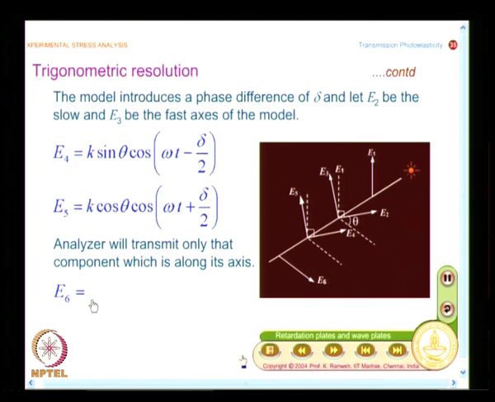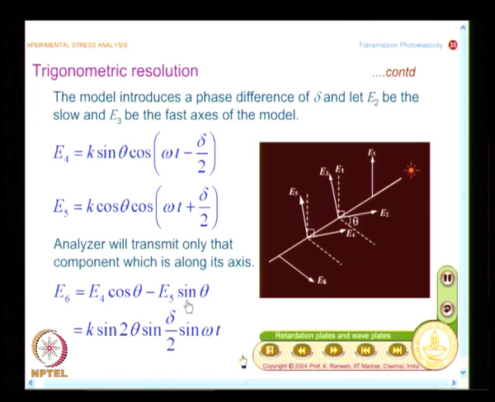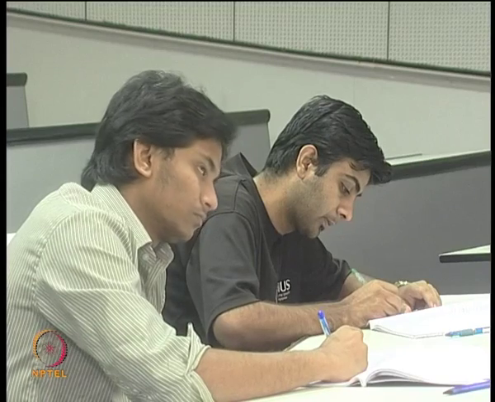We write an expression for E6 in terms of E4 and E5. It's fairly simple: E4 cos theta minus E5 sin theta, which is also simplified.